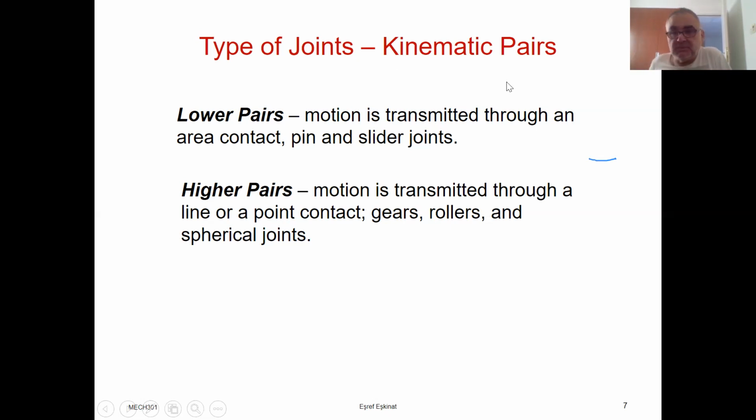There are the lower kinematic pairs, lower joints, and the higher joints.